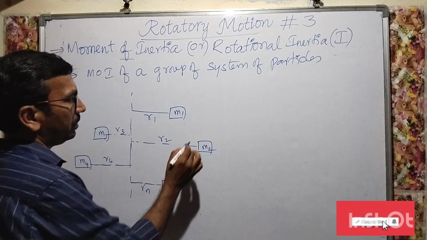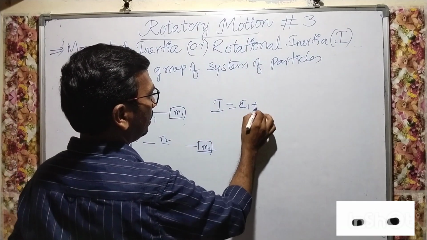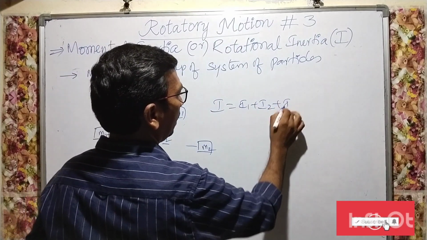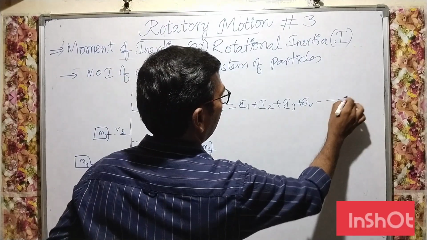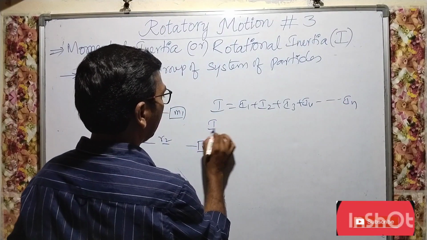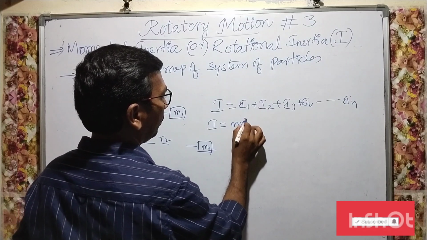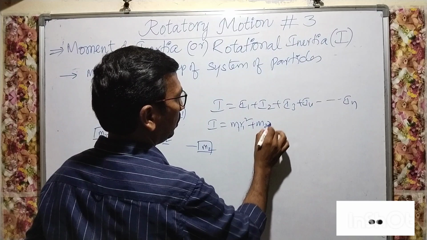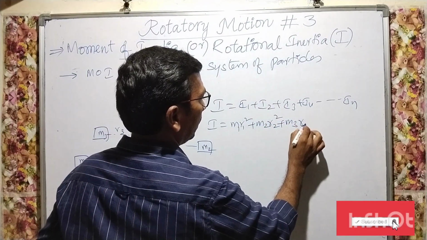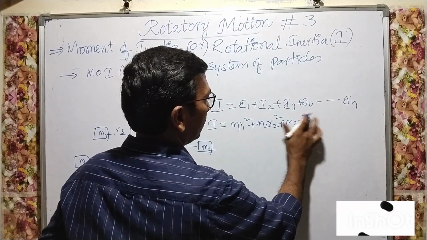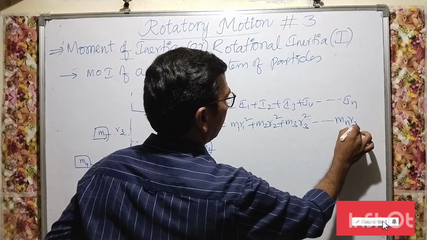So what is the total moment of inertia? I is equal to I1 plus I2 plus I3 plus I4 up to In. So I is equal to m1 r1 square plus m2 r2 square plus m3 r3 square plus m4 r4 square up to mn rn square.